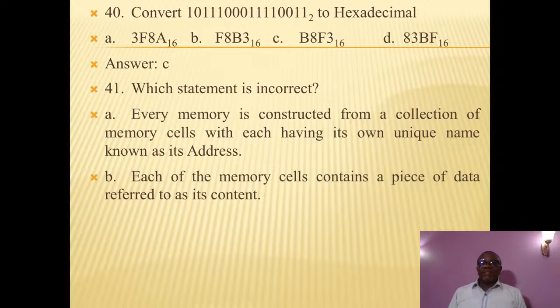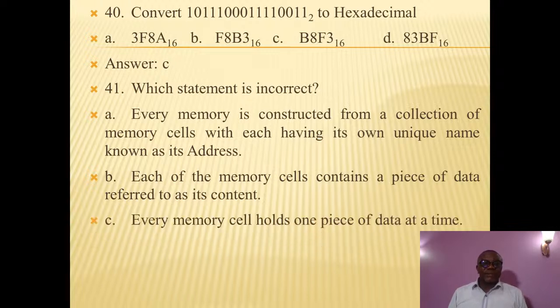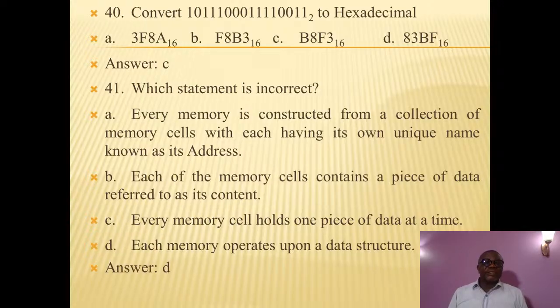Each of the memory cells contains a piece of data referred to as its content. Yes. Every memory cell holds one piece of data at a time. Each memory operates on data structure. The answer is D. Memories don't operate on data structure. Rather, the CPU does.